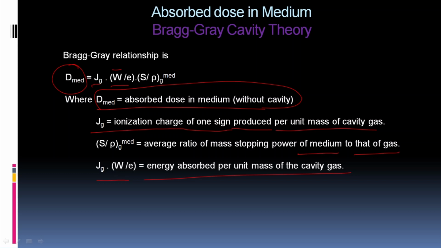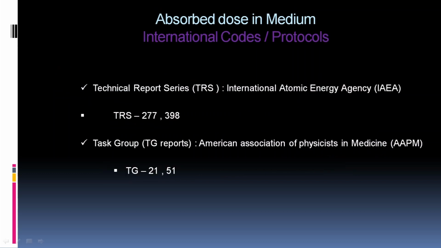There are some international codes or protocols which we use for measurement of our therapeutic units and patient doses. First is the Technical Report Series by the International Atomic Energy Agency, IAEA.